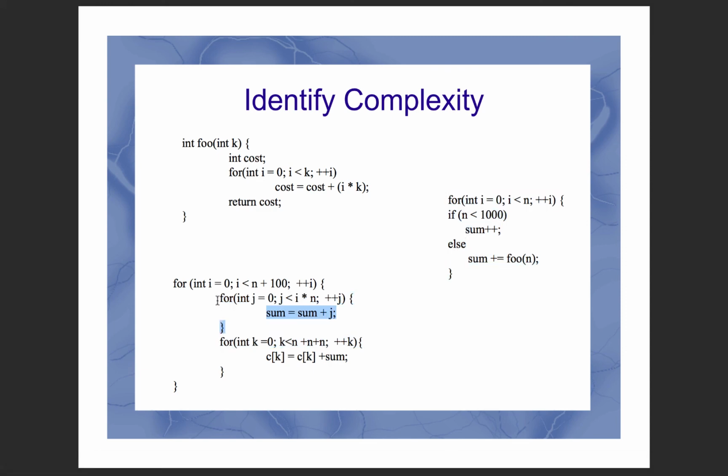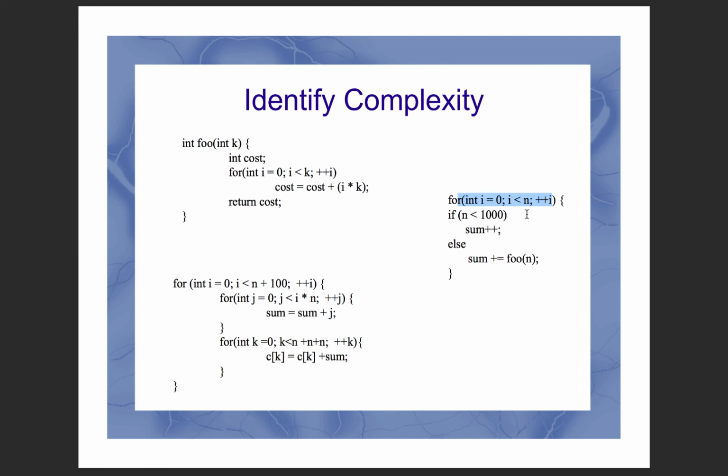We only consider the slowest one, which has the larger element among these two for loops. The outside for loop has n, and this for loop has n square, so in total this program needs n cube complexity.